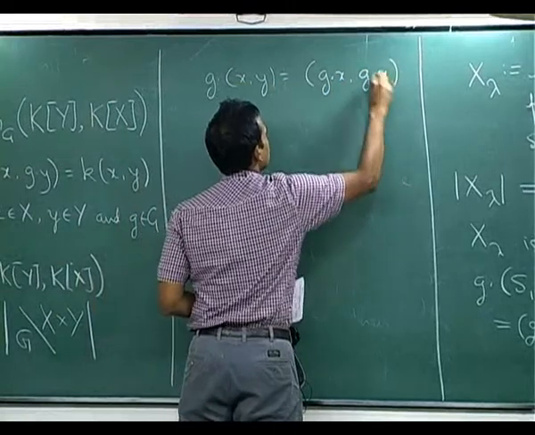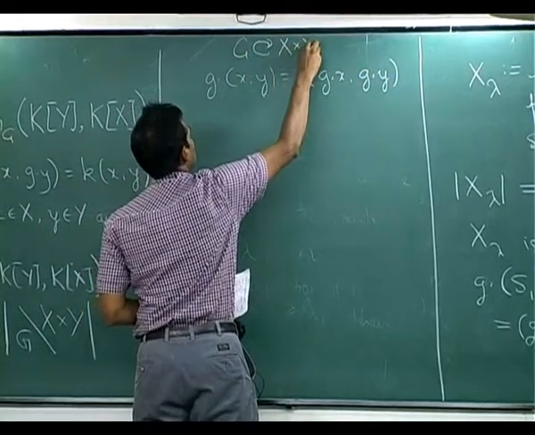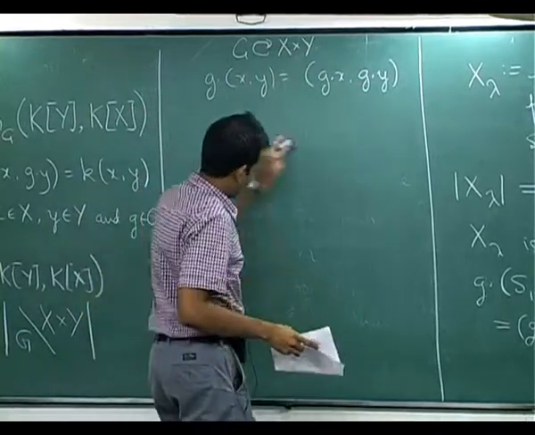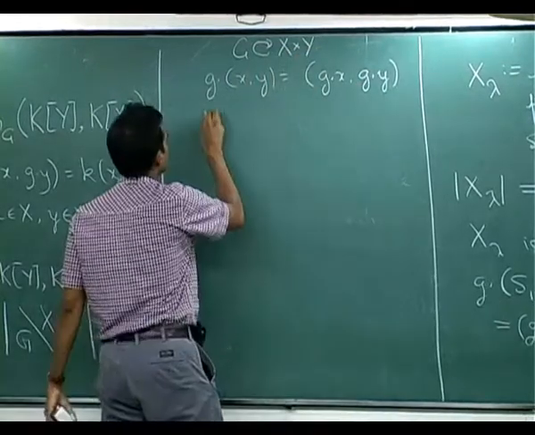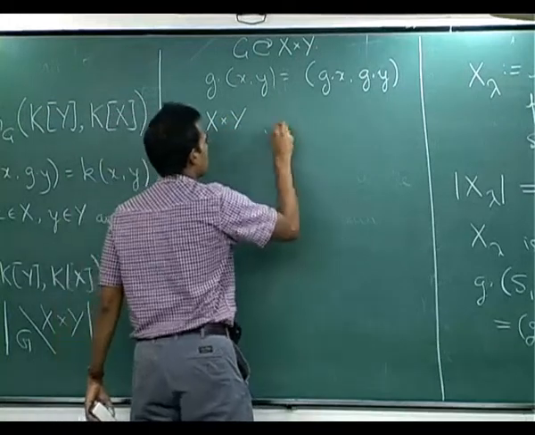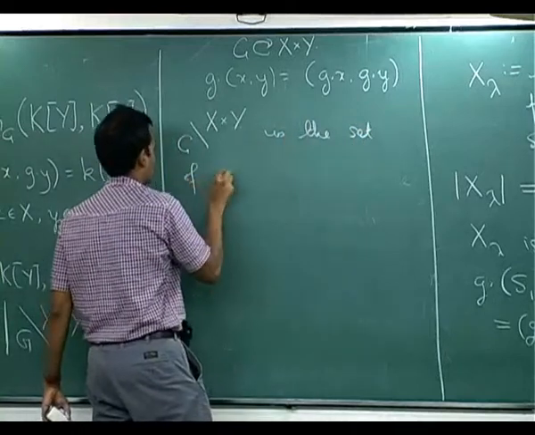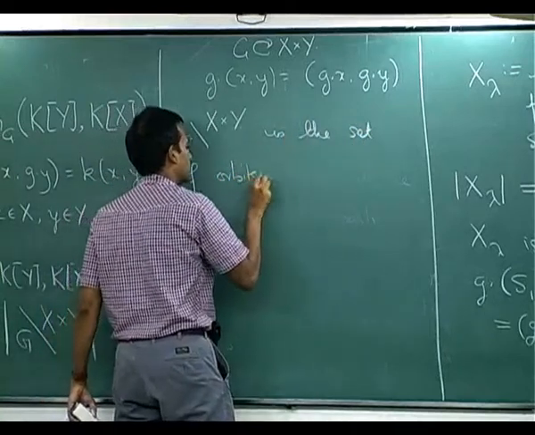So this is an action of G on X cross Y, and this is the set of orbits for this action.